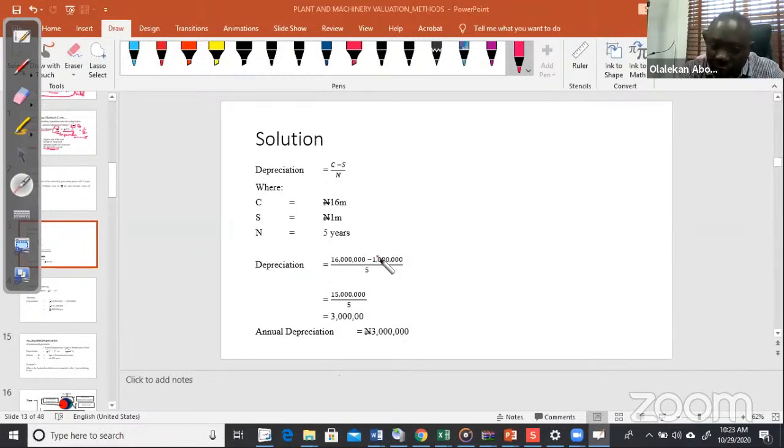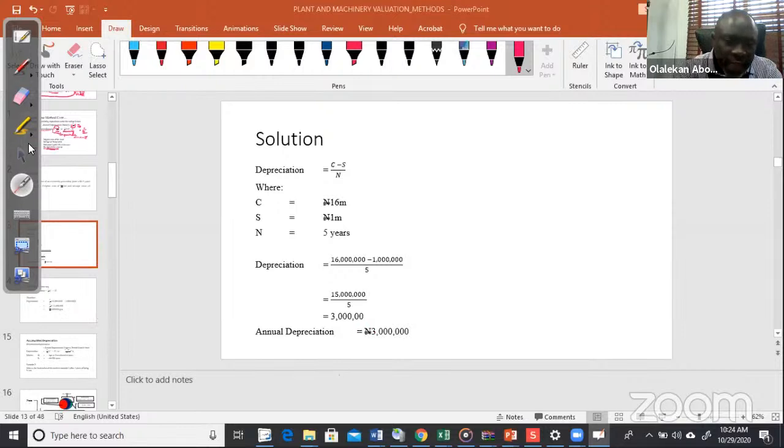When you remove 1 million from 16 million, you are left with 15 million. Then you divide it by the number of years that constitute the economic life of the asset, which is 5 years. So you have the annual depreciation amount as 3 million.